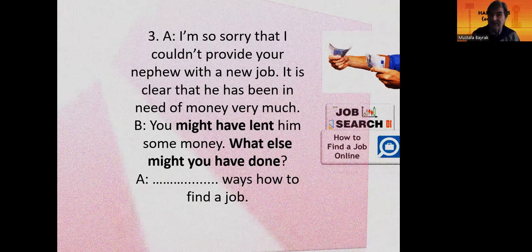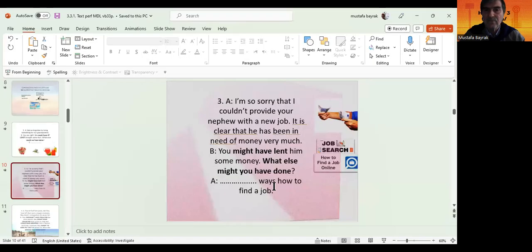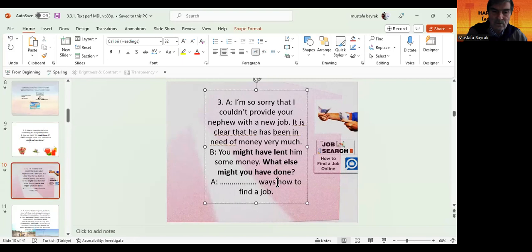We might have discussed together the ways of how to find a job. Ways to find a job is also possible. We might have discussed the ways of how to find a job.